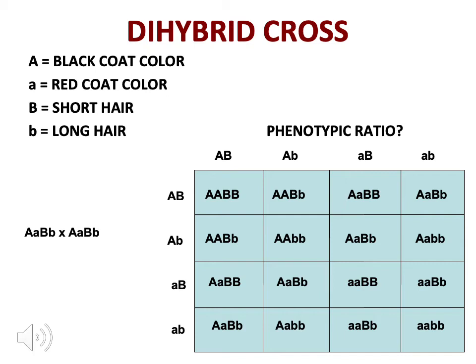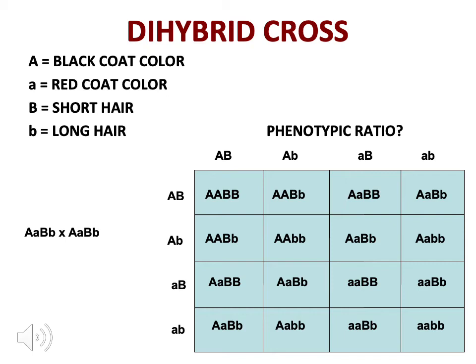The other possibility is, what if I have a red-haired, short-haired offspring? Well, in this case, I'm looking for little a, and some big B combination. And there's 3 of those. And then finally, the last phenotype is, how about a red offspring that has long hair? That's going to be little a, little b, and there's only 1.